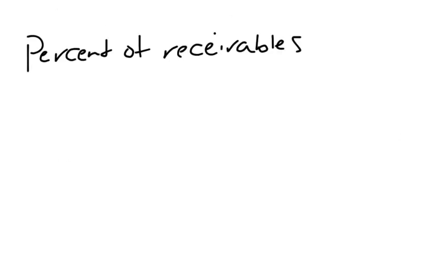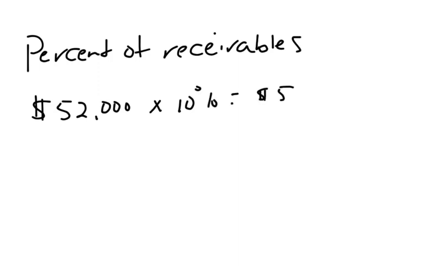Percent of receivables is very similar, but now instead of taking a percent of the sales, I'm looking at the percentage of receivables that we're estimating to be uncollectible. So here, let's say that you have total accounts receivable balance of $52,000 for your company. And we're estimating that 10% of those will not be collected.